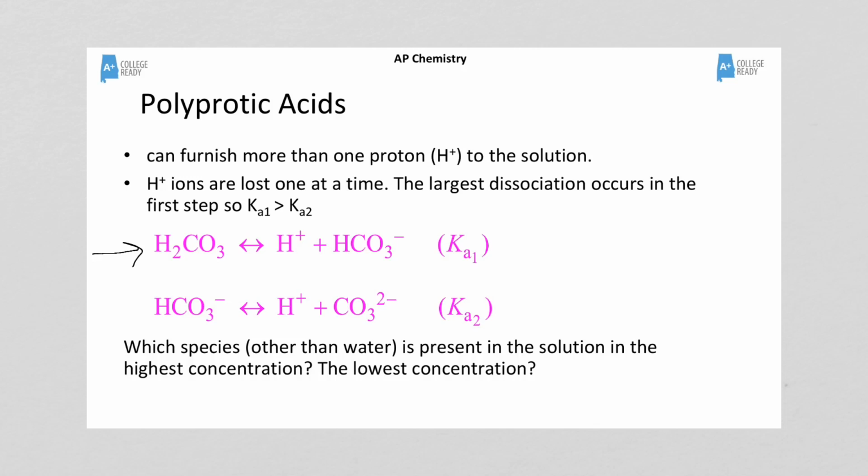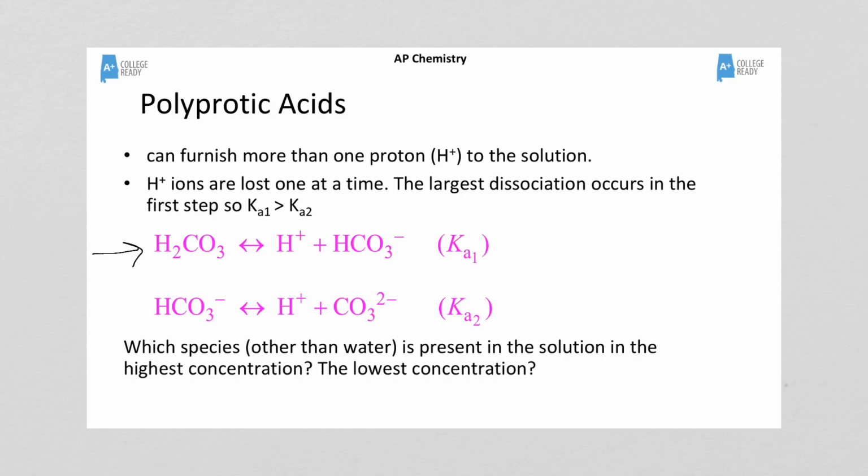So that's what's a little different about polyprotic or diprotic acids: they have more than one proton, or H plus, that they will lose to the solution, and they lose these in subsequent steps, so they're lost one at a time.